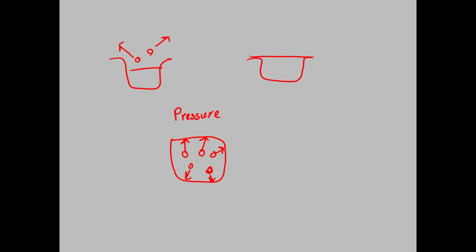Tetapi doesn't mean kalau open container tak ada vapor pressure. Ada. Okay, ada vapor pressure, a thin layer of vapor pressure. It's just that the definition is enclosed lah, because that is how kita kira pressure. Is kita kira the amount of molecules yang langgar dinding.